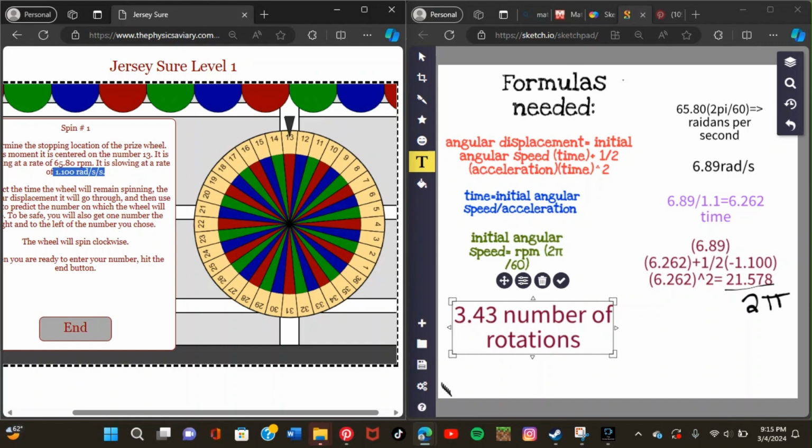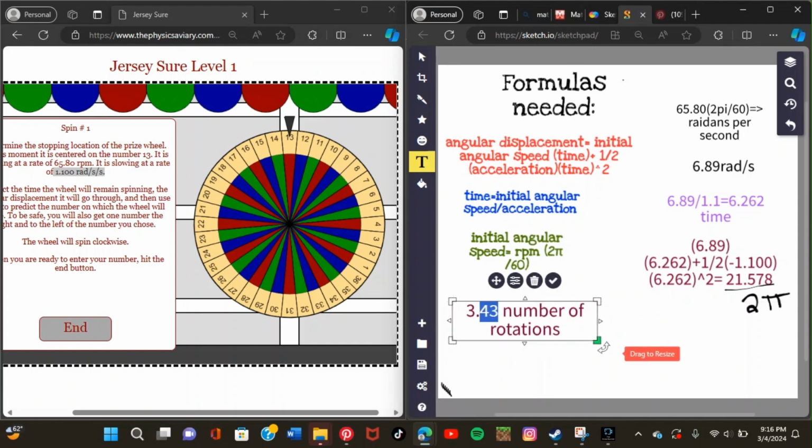So 1, 2, and then 3. What we're looking for is the decimal place. It's because if it's going through 3 rotations, it's gonna always end up on the same number anyways. So we're looking for the 0.43. It's just cause it's already going through 3 whole ones. We're looking for what number it lands on after the 3.